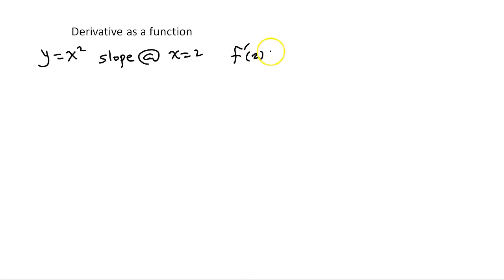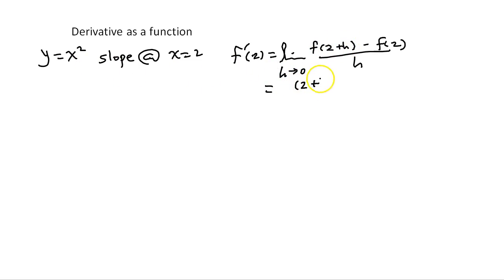That's the slope of the tangent at 2, and it's computed as the limit as h goes to 0 of f of 2 plus h minus f of 2, divided by h. You can compute this by plugging 2 plus h in here, so you have (2 plus h) squared minus 2 squared, and then divide by h, limit h going to 0.